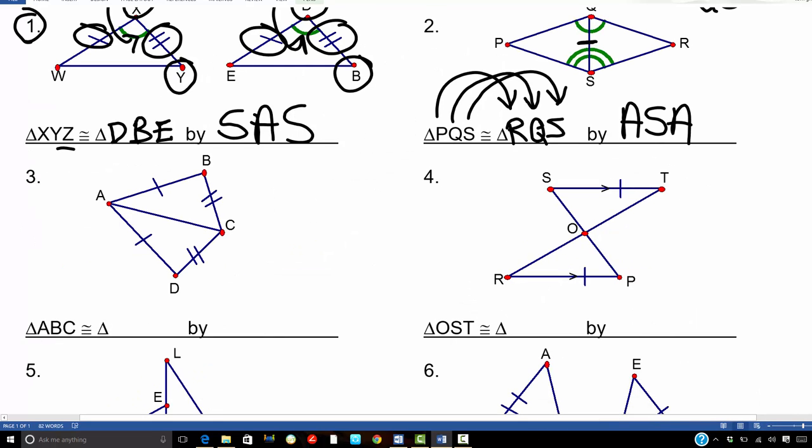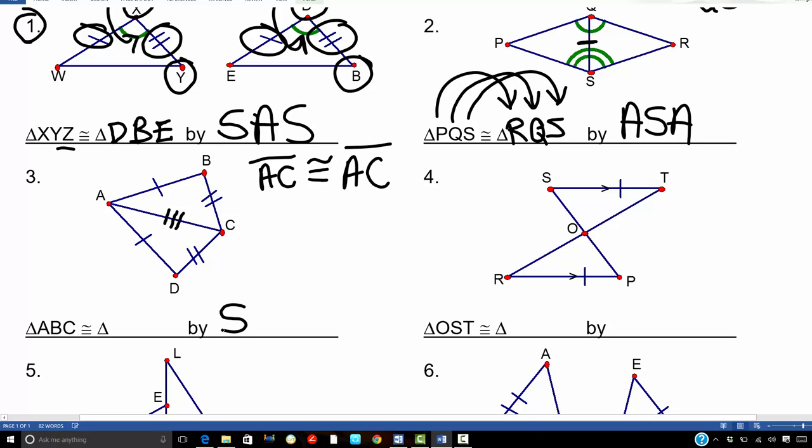Number 3, the same thing applies to number 3 as it did to number 2. We should see immediately that these 2 triangles share a common side. They both have segment AC in common, so segment AC is congruent to itself. So it should be pretty clear why these 2 triangles are congruent.